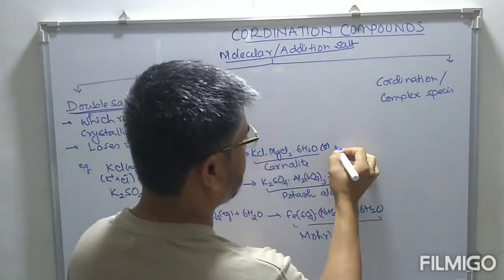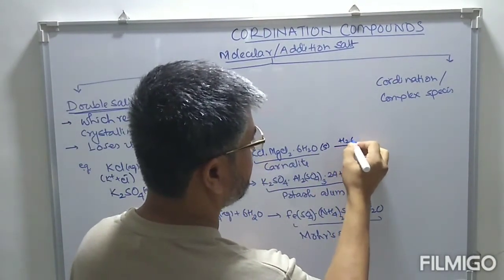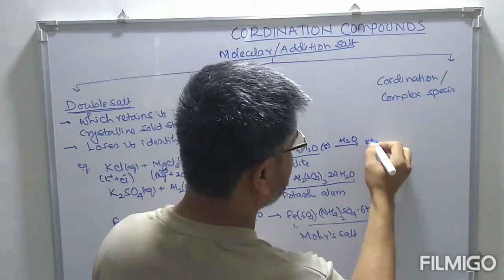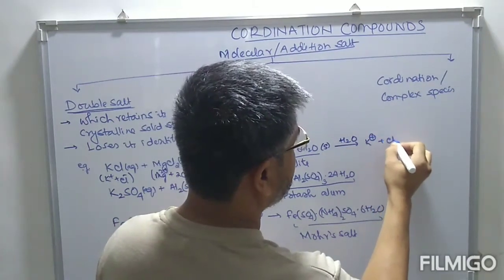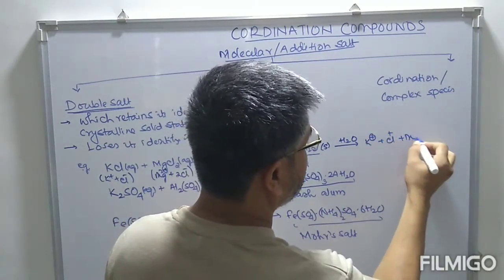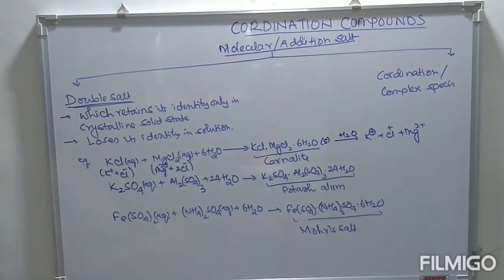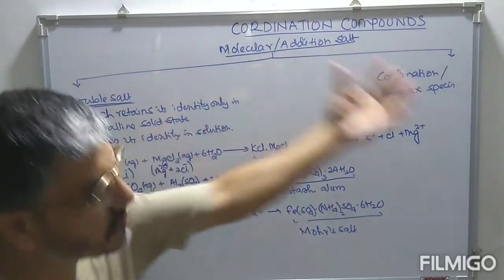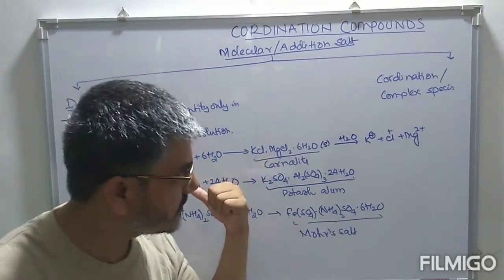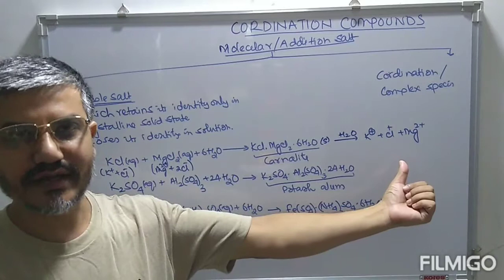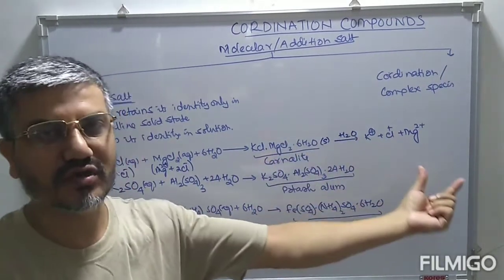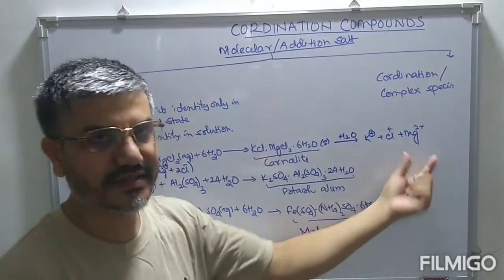Now this solid, when dissolved in water, again gives you K plus ion, Cl minus ion, Mg plus ion. So once this salt is dissolved in water, it immediately changes into ions. This salt is completely soluble in water, and it gives you the ions.